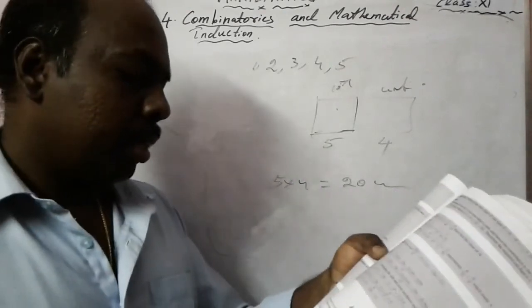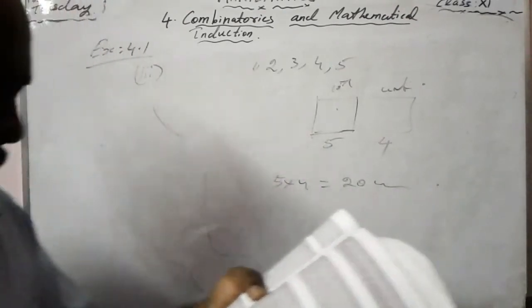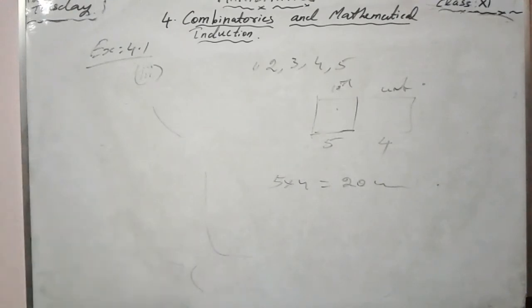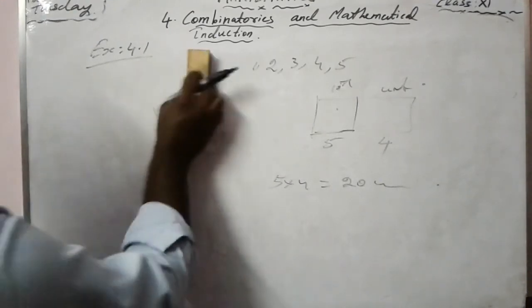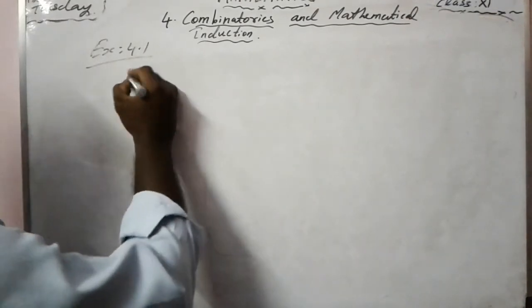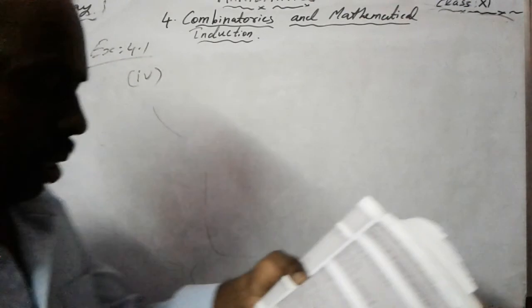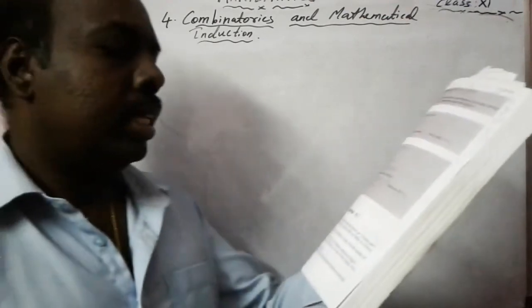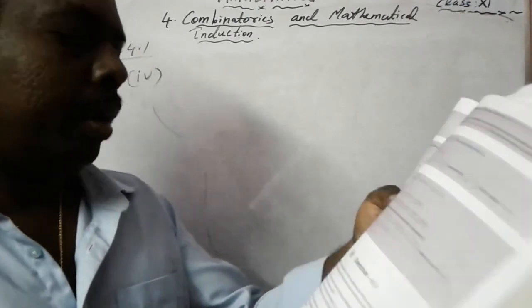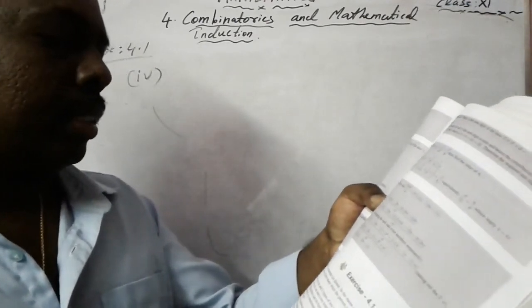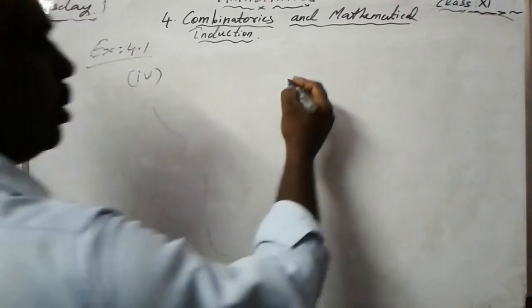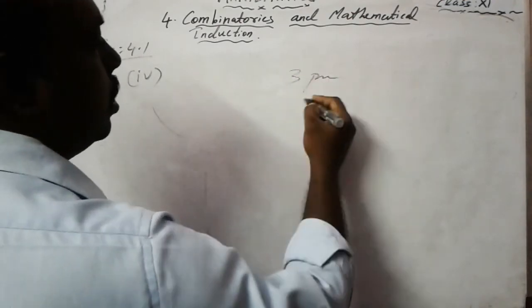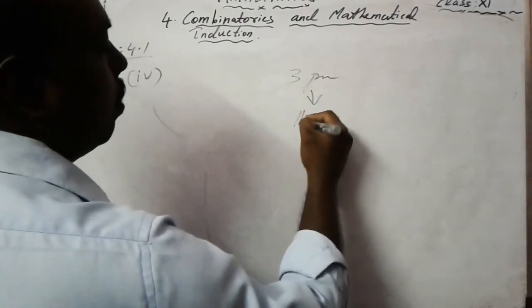So fourth part. Three persons enter into a conference hall in which there are 10 seats. In how many ways they can take their seats? 3 persons enter a conference hall.